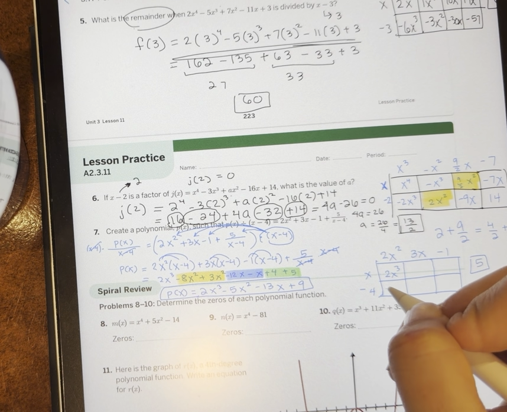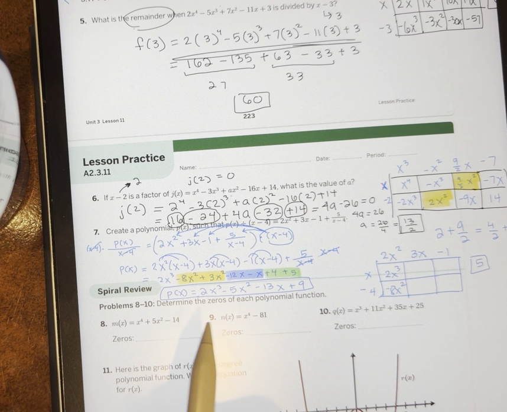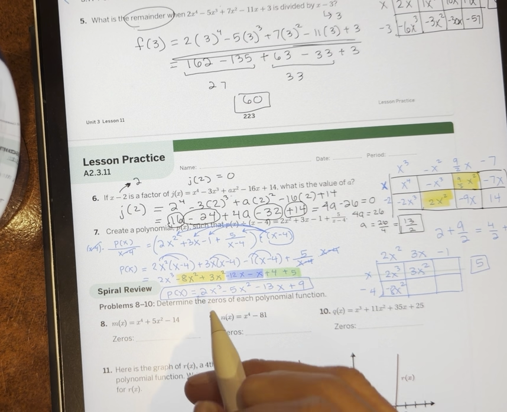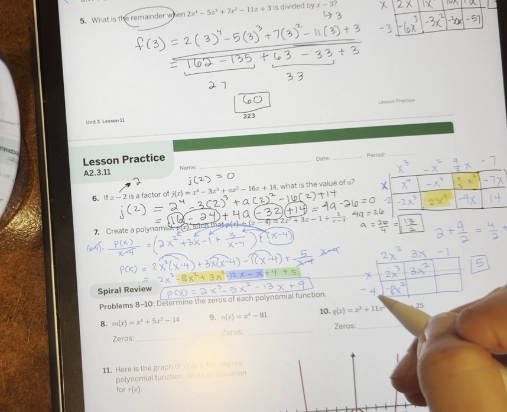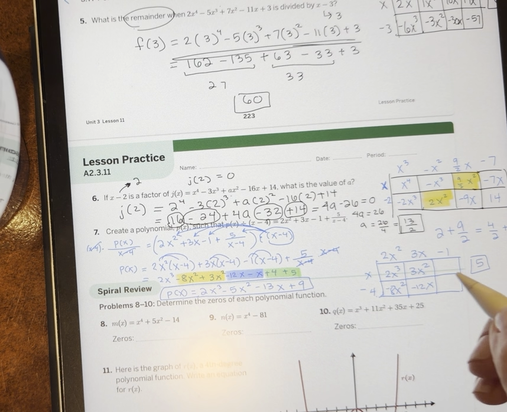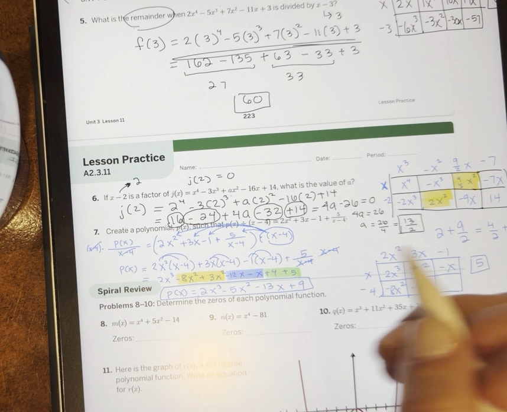Then this times this is a negative 8x squared. Oh my gosh, look at me getting all the same stuff right now as I got. I wonder if that means that this times this will be a 3x squared. And this times this will be a negative 12x. And then this times this will be a negative x.